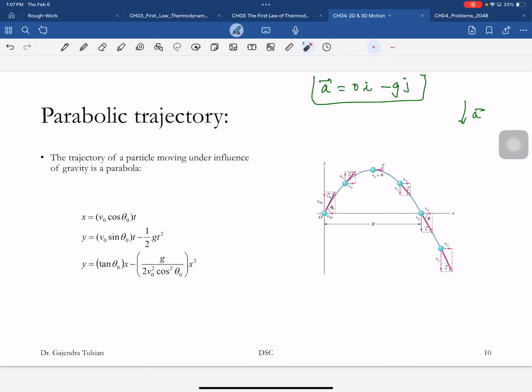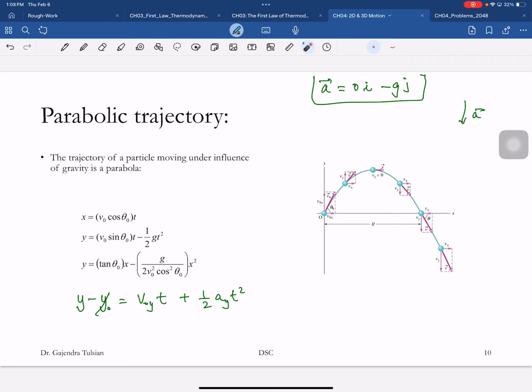Now let's look at the y component of the motion. y minus y naught equals v naught y t plus 1/2 a y t squared. Again, we are starting at the origin, so y naught is 0.